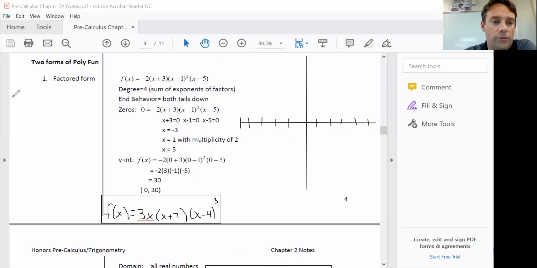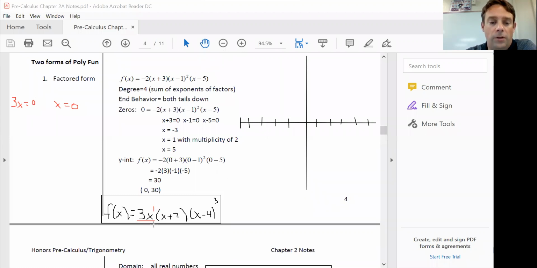So 3x. The only reason this is a root this time, when it wasn't last time, is because there's an x there. So that means x equals 0. And what exponent does it have? 1. So if it's 1, no multiplicity to worry about.